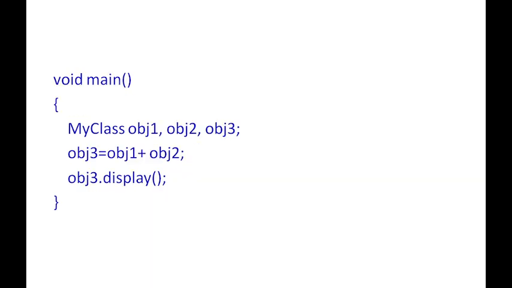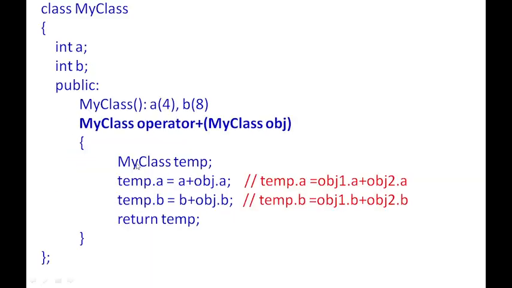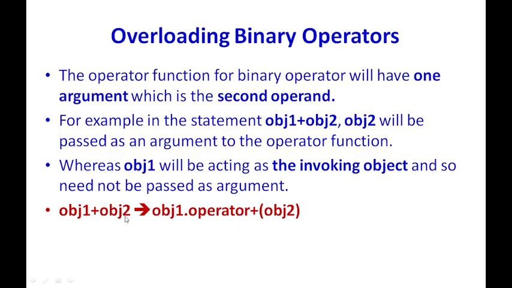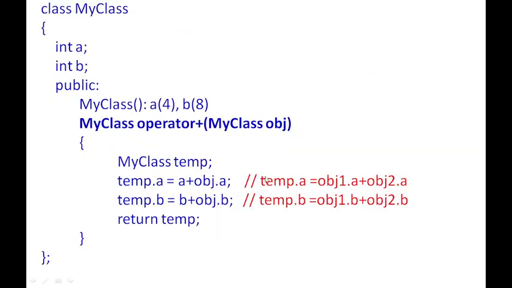But for the purpose of this statement, I have defined a return type as class object, and operator followed by plus, and the argument is nothing but the second operand. So here I am creating the temporary object, calculating the result and finally returning.